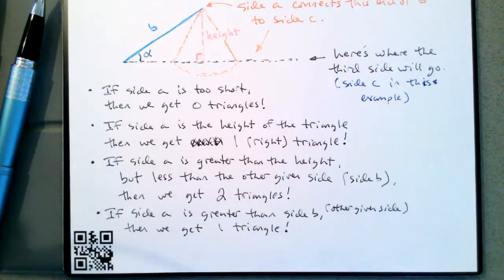We don't have to know before we start making calculations. We just say, oh, it's side-side-angle. Could be 0, 1, 2, or 1. Let's see what the numbers tell us. Be aware that the ambiguous case exists, and just remember that when you make your calculations.